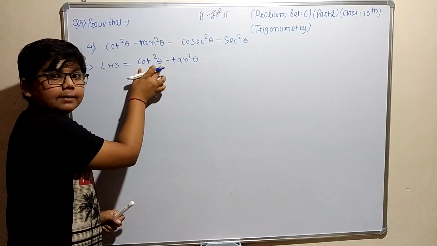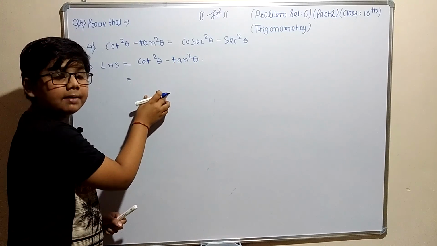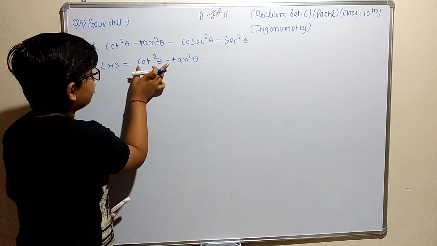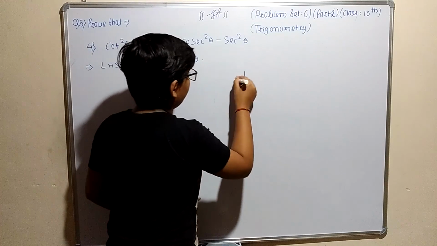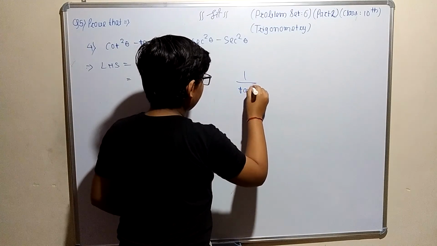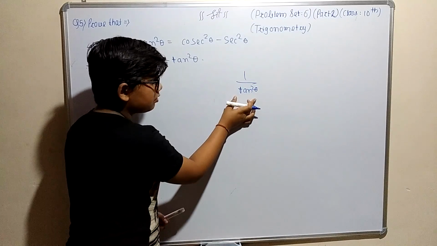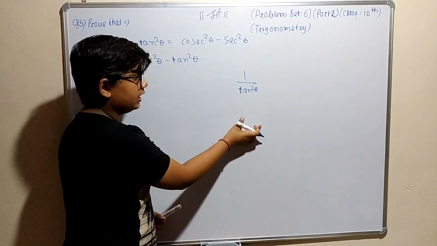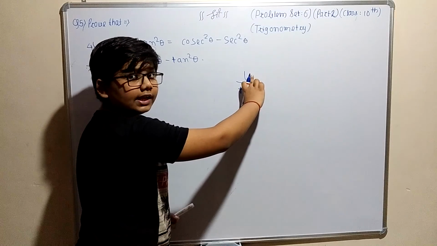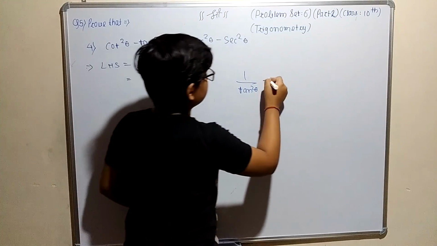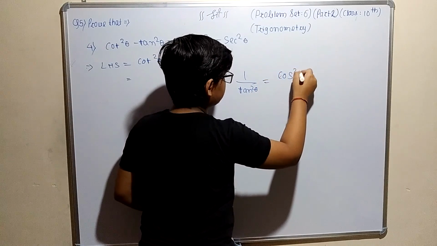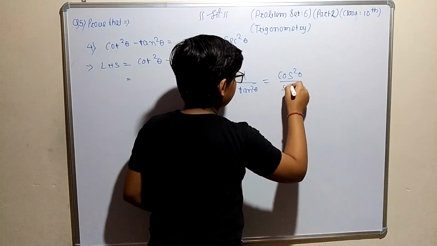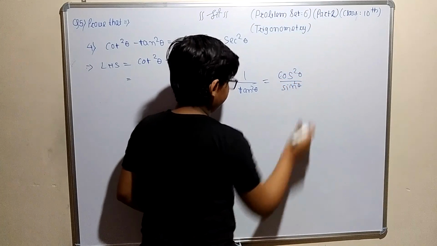Cot square theta can be written as cos square theta divided by sin square theta. Why? Because cot square theta can be written as 1 by tan square theta. Now what is tan square theta? It is sin square theta divided by cos square theta. Here is 1 as the numerator, so take its reciprocal, so it will be cos square theta divided by sin square theta.